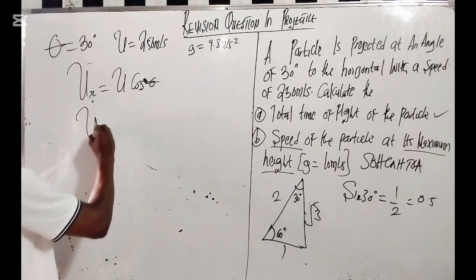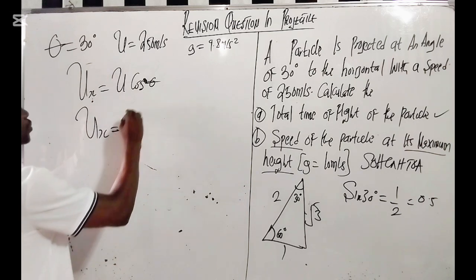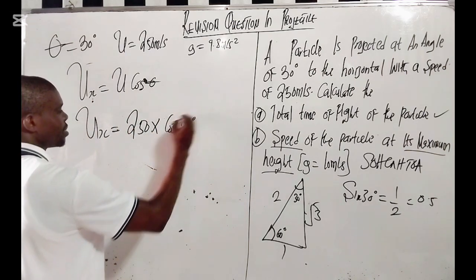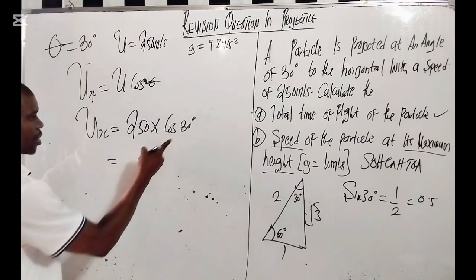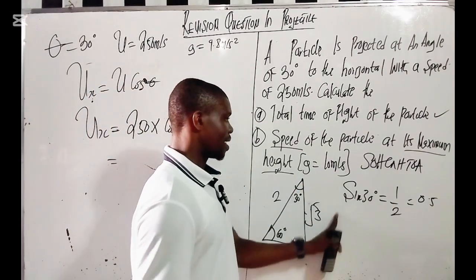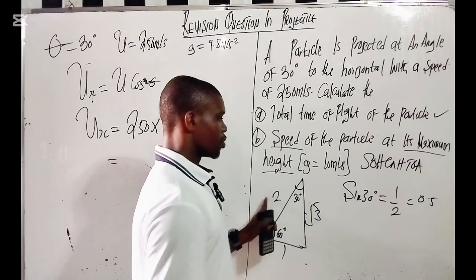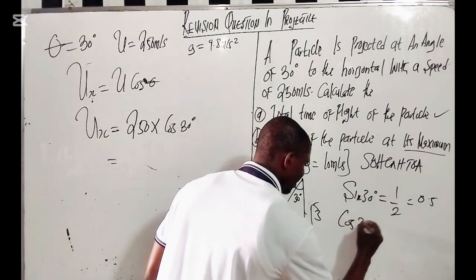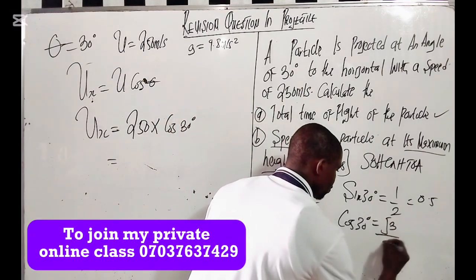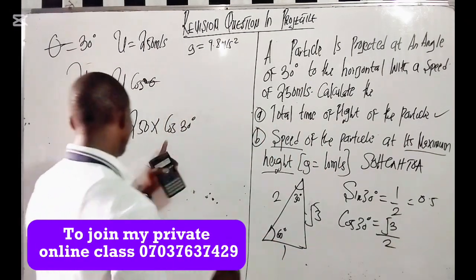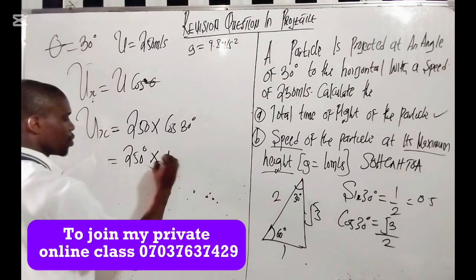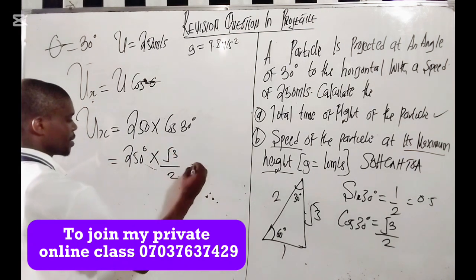So you have Us equals 250 times cos 30 degrees. Now what's cos 30? Cos is adjacent over hypotenuse, so cos 30 degrees equals square root of 3 over 2. So we have 250 times square root of 3 over 2.